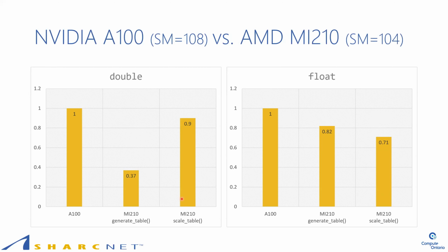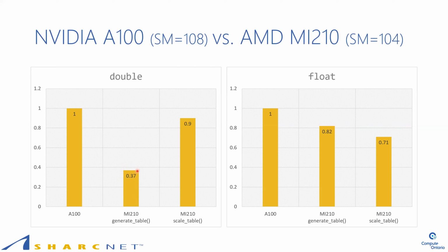And the last one that we have here is actually a comparison between NVIDIA A100 and AMD MI210, but using their native code. For example, this one is with ROCm and this one is with CUDA. I don't know why, but the generate table double version on ROCm, there is something wrong with it.